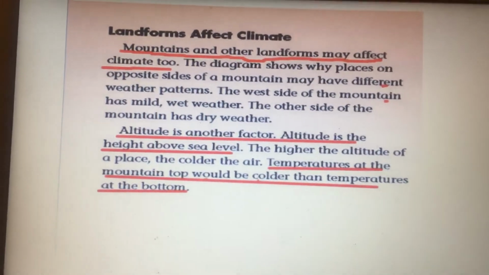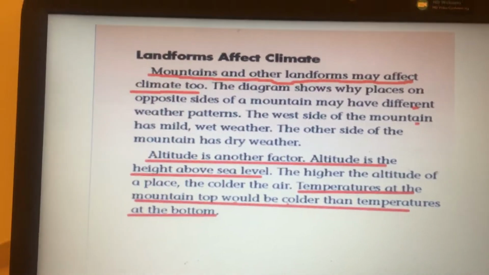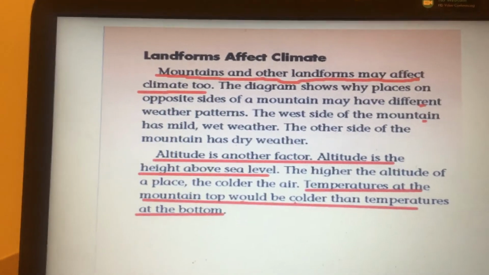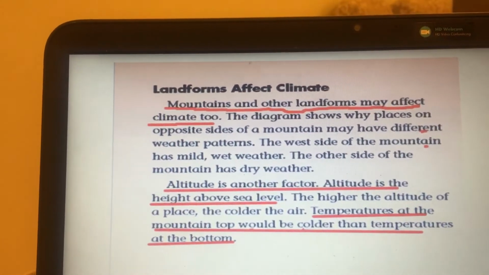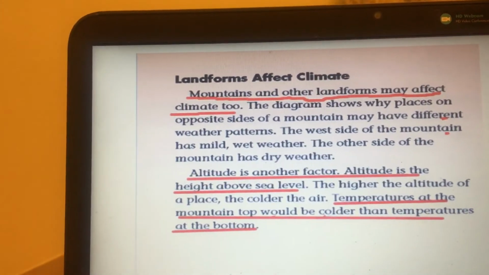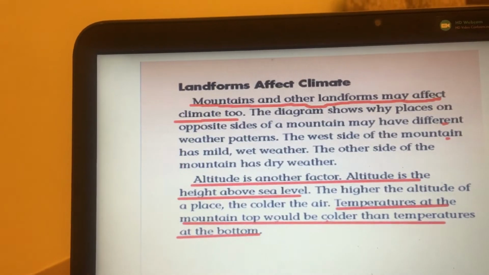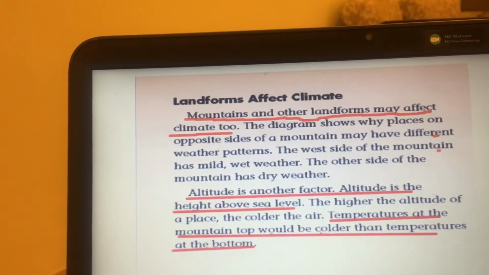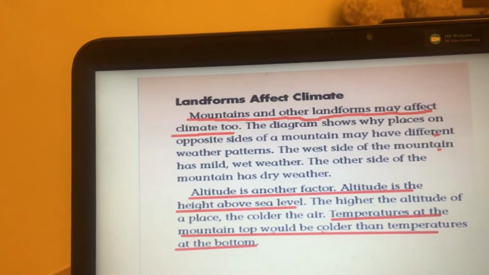Now, landforms affect the climate. Mountains and other landforms may affect the climate too. The diagram shows why places on opposite sides of a mountain may have different weather patterns. The west side of the mountain, as I showed you, has mild wet weather.